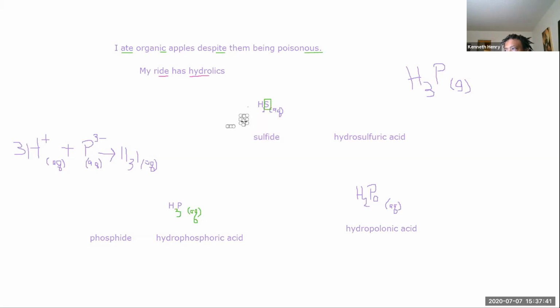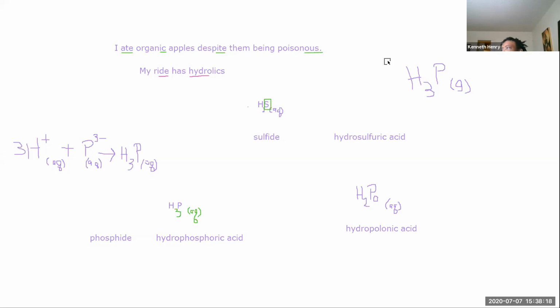Okay, do you guys see it? So 3 H pluses, which is a hydrogen ion, is going to balance out the phosphide ion, and so it comes together to form our hydrophosphoric acid.